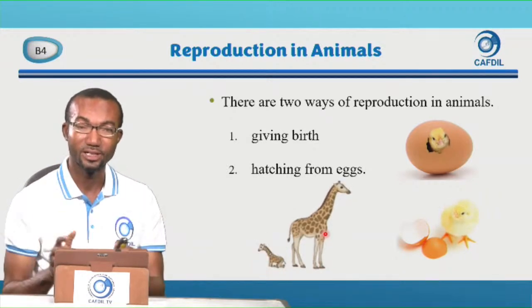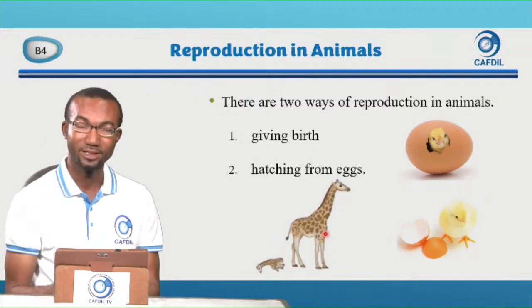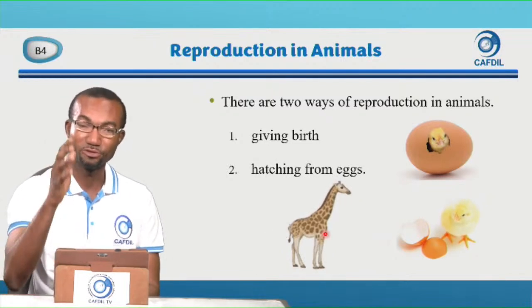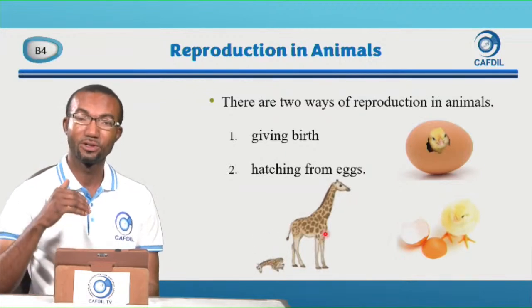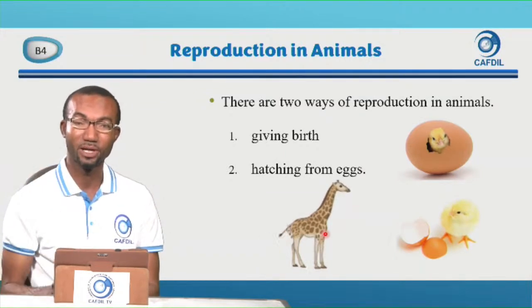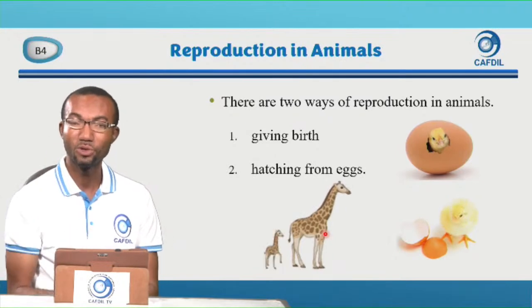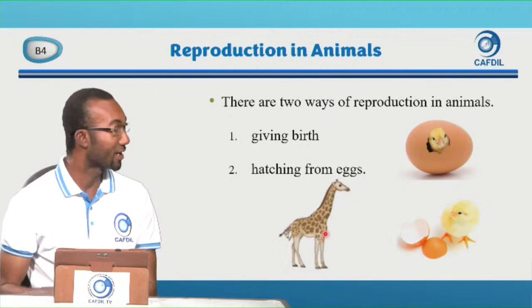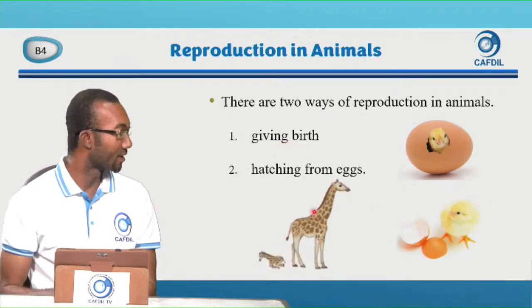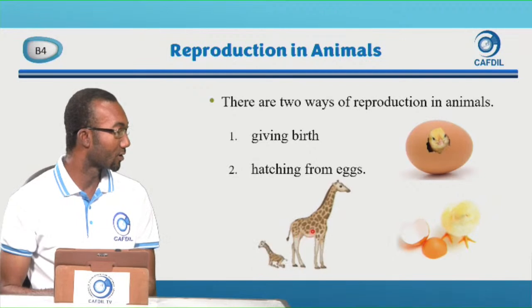So if we should be fruitful and multiply, there are only two ways that living things can multiply. The first one is by giving birth, and what you see here is what you call giving birth. You saw that the baby came from the mother. That is what we call giving birth.